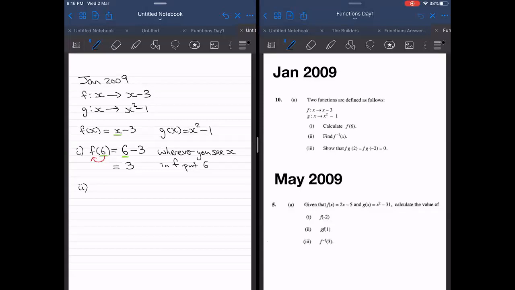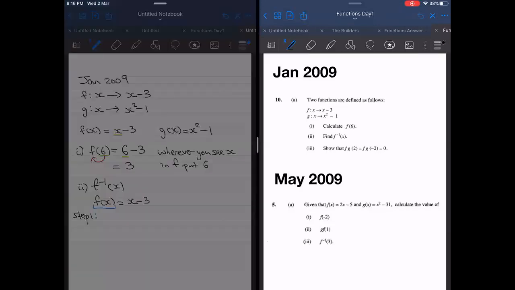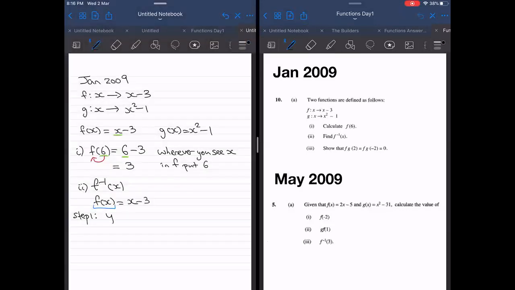Okay, beautiful. So now we need to find f inverse of x. We have f of x is equal to x minus 3. Remember step 1, we let y be f of x.